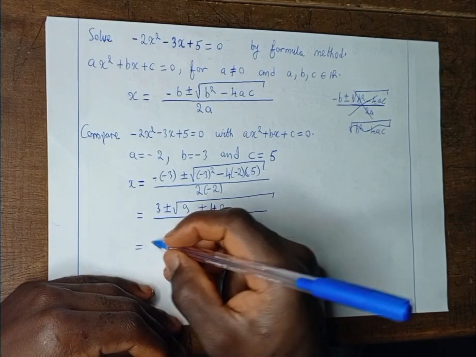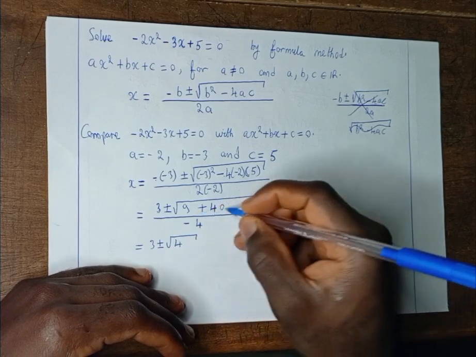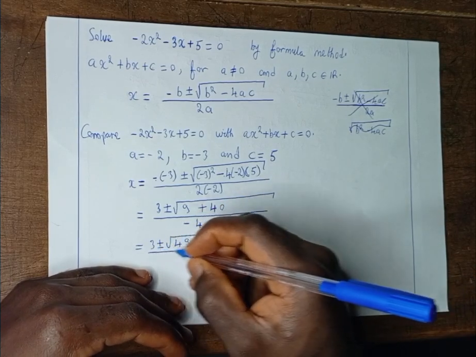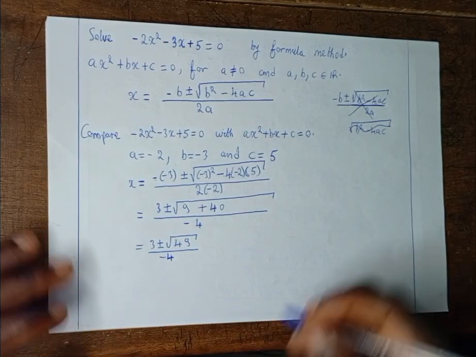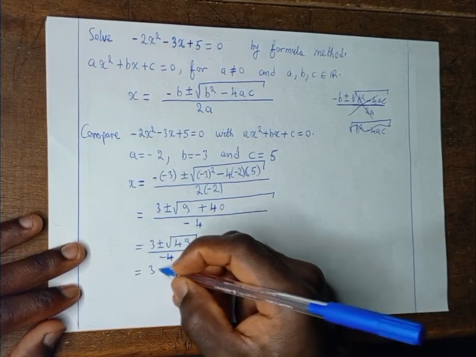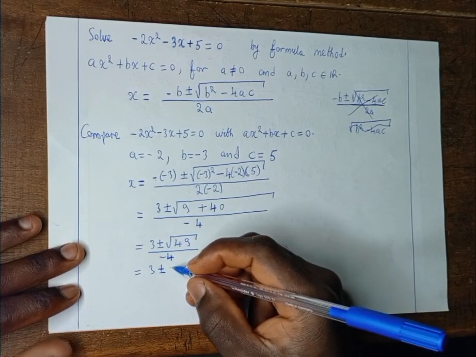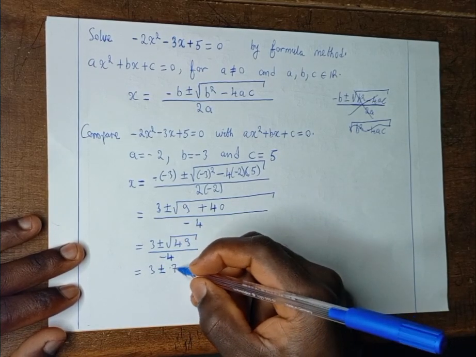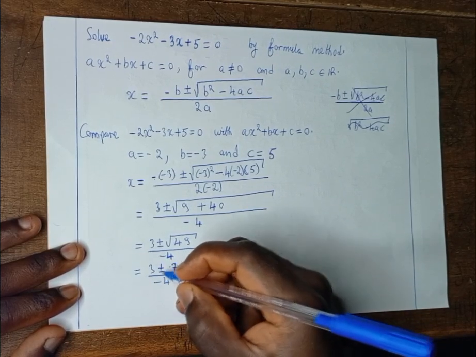So this will give us 3 plus or minus the square root of 49. Then we divide by negative 4. So this will give us 3 plus or minus, we know the square root of 49 is simply equal to 7 over negative 4.